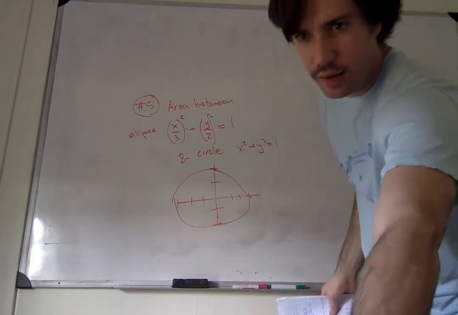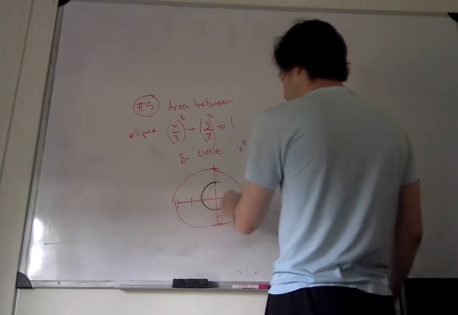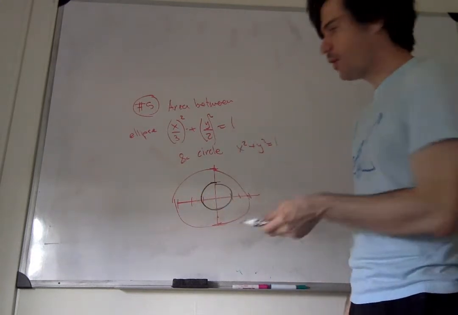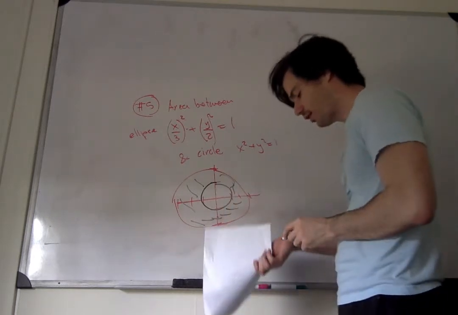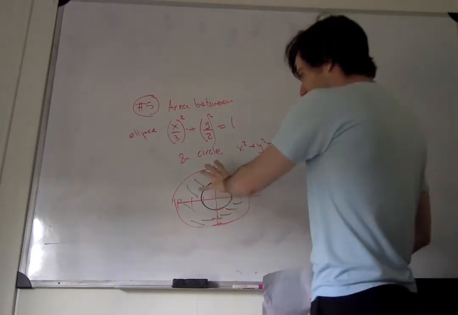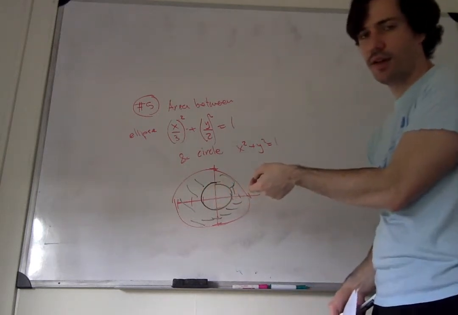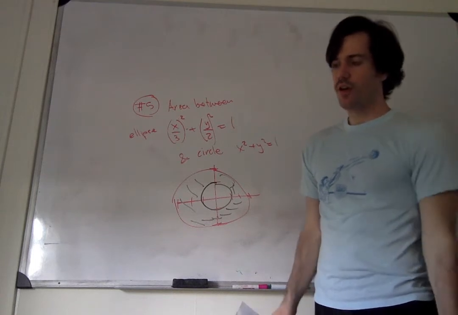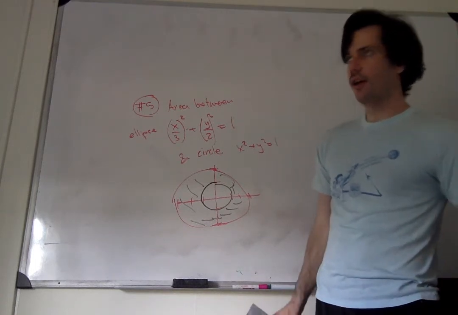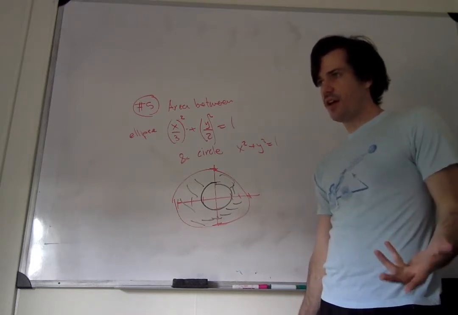And then for our other guy, our circle is going to be in the center, and we want to find this area here. Okay, so we want to find the total area minus the inner area. Now remember I just said that a circle is a special type of ellipse. So all we got to do is find the generic area of an ellipse, and then subtract these two ellipses' areas from each other.